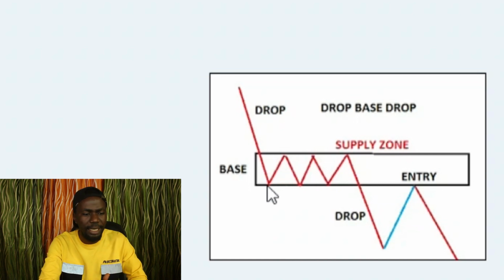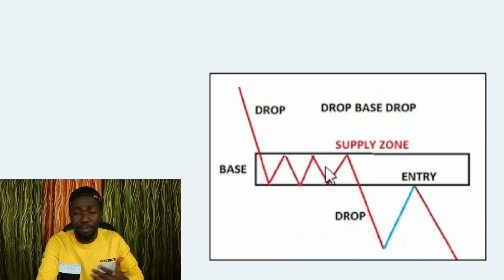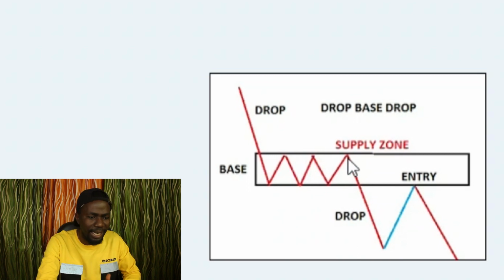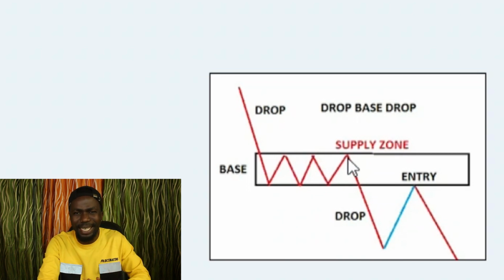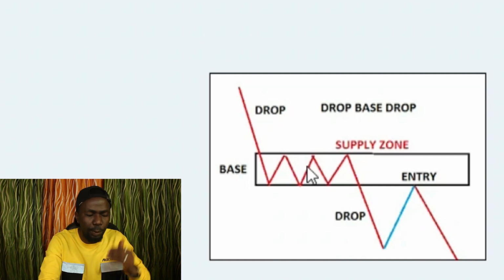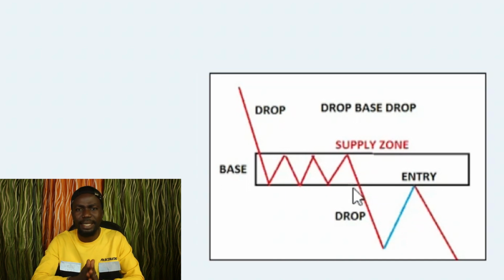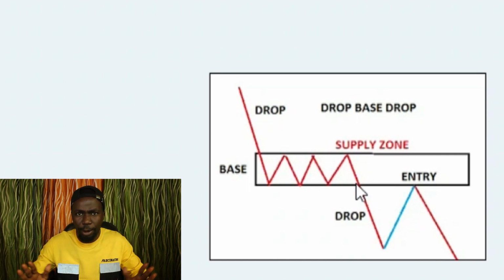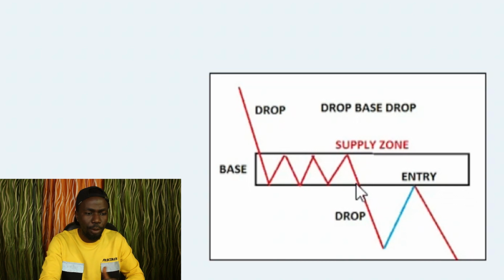So what happens is the smart money, the big banks, will now step into the market again and start placing pending orders. We call them the order blocks. Once the pending orders become too much, the price will move sharply and break below the support level. Some of their pending orders were triggered but some were not triggered.